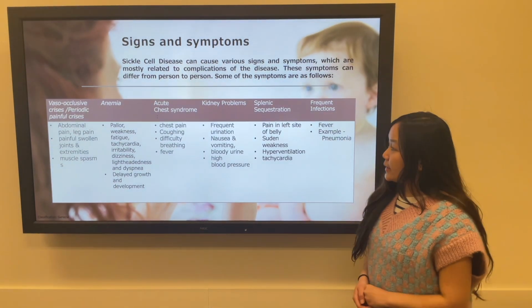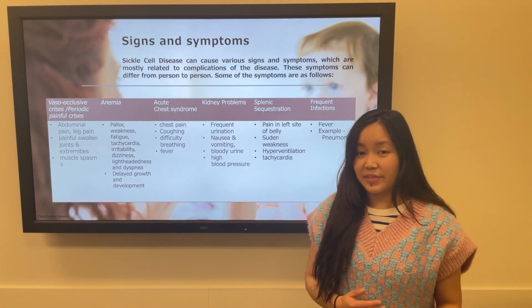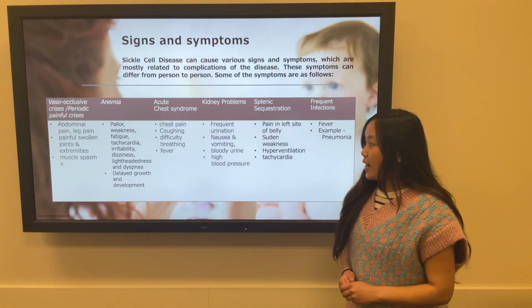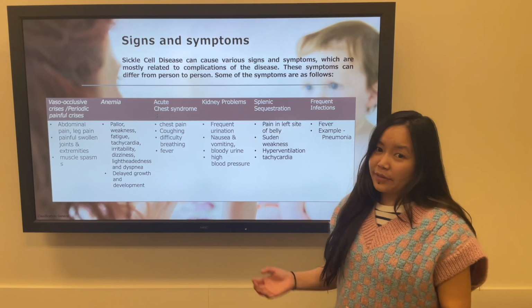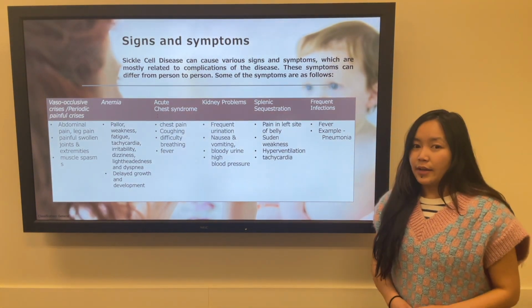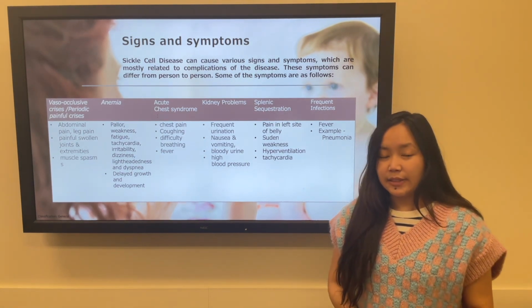Another is anemia, which is manifested by tachycardia, pallor, shortness of breath, lightheadedness, and delayed growth and development for children. Another is acute chest syndrome, whose signs and symptoms are chest pain, coughing, and difficulty breathing.